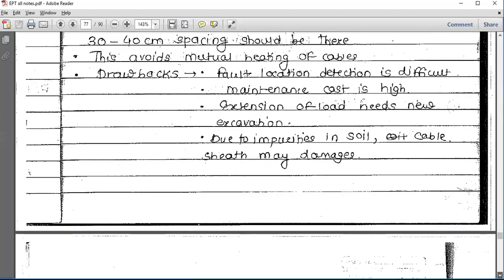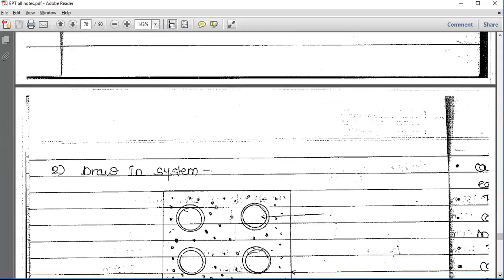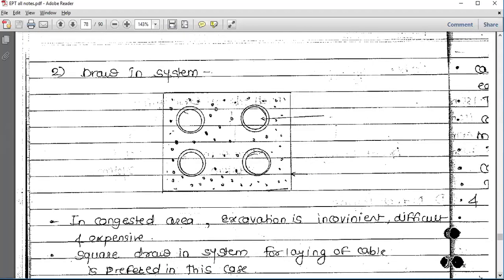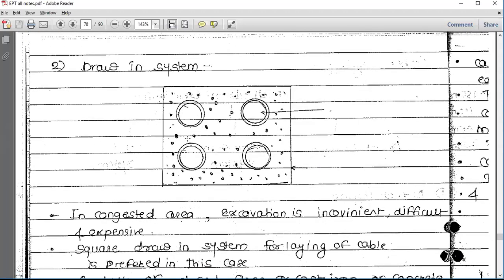Then the next method is the drawing system. So we'll see the drawing system. In this system, in a congested area where there is a densely populated area, you have to use less space. If your excavation is inconvenient or difficult and expansion is difficult, in that case the drawing system can be used.